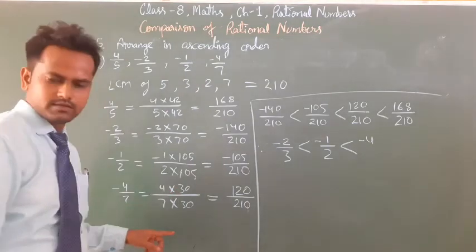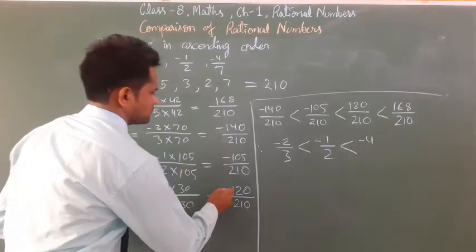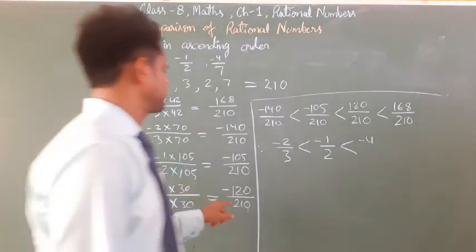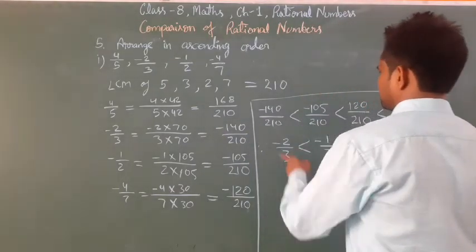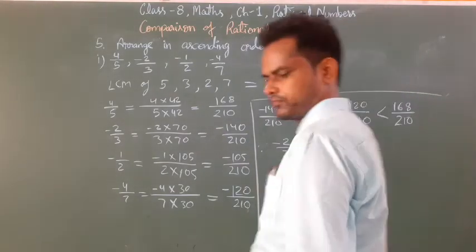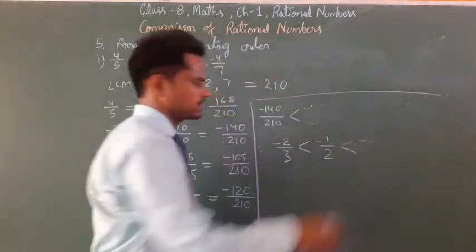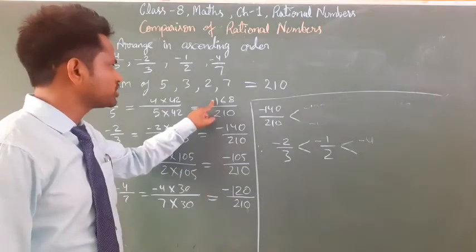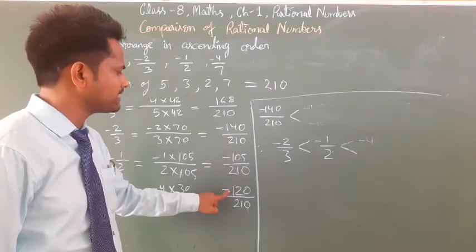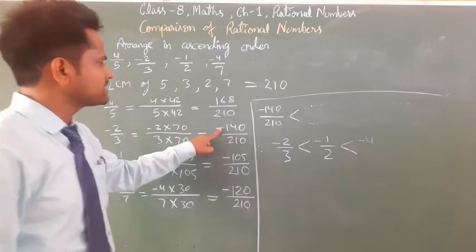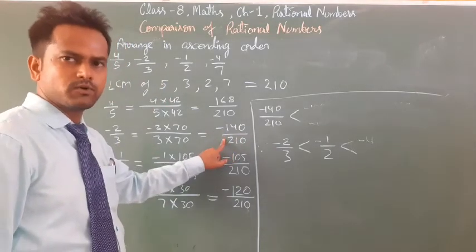I made a mistake. This is a negative sign, so this is also negative. After comparing the numerators 168, minus 140, minus 105, minus 120, minus 140 upon 210 is smallest.